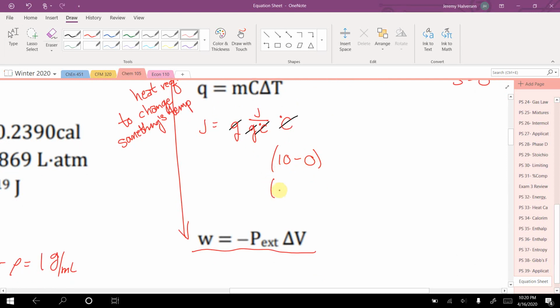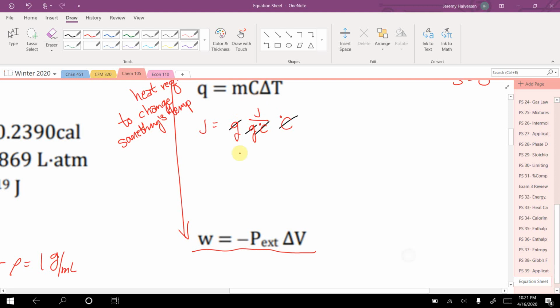If I were to change that to Kelvin, 10 plus 273 is 283. 0 plus 273 is 273. And you can see both of those equal 10. And so sometimes you'll get this heat capacity given in like joules per gram Kelvin. It's okay to leave the change in temperature in degrees Celsius. You could change it to Kelvin if you want, but as long as it's a change in temperature, Celsius and Kelvin behave the same.